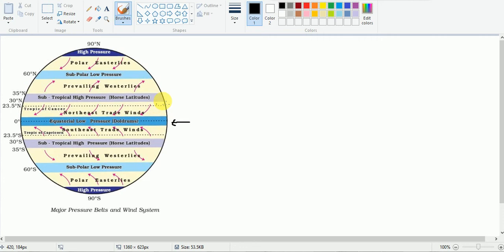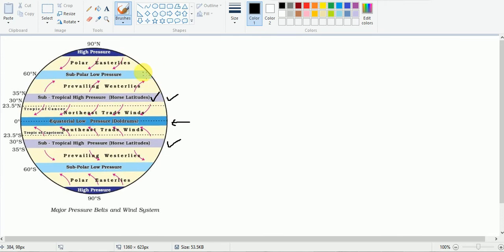And roughly along 30 degrees north and 30 degrees south, in this diagram between 30 and 35 degrees north and 30 and 35 degrees south, along these latitudes we have high pressure cells known as subtropical high pressure cells.